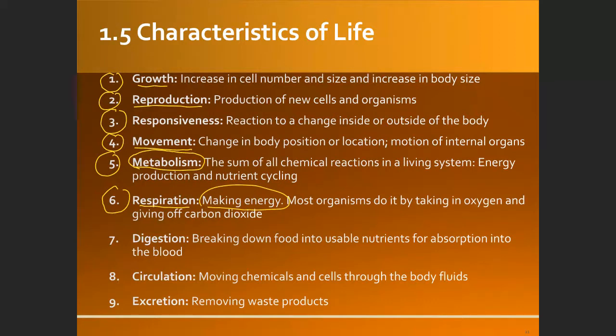Digestion: some animals, humans, perform this activity, where we break down big molecules into smaller molecules, absorb them, and then use them inside the cell to make bigger molecules. And then there is circulation in the human body, and in animals, excretion, which is the removing of waste products. These are characteristics of human life or animal life.